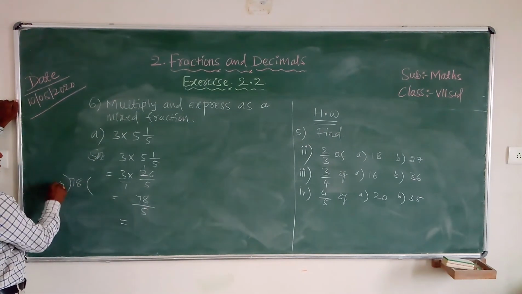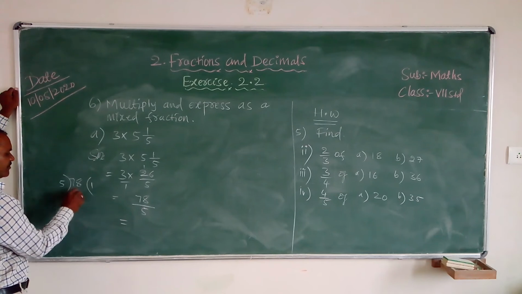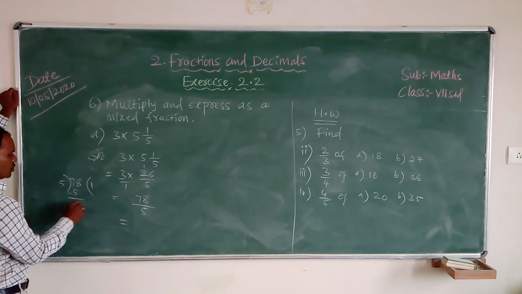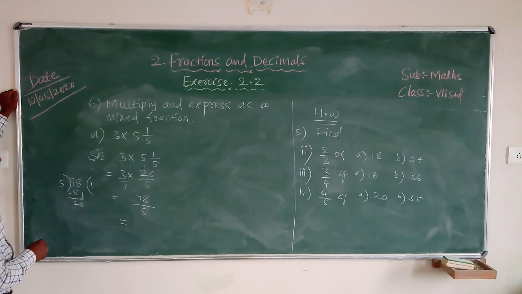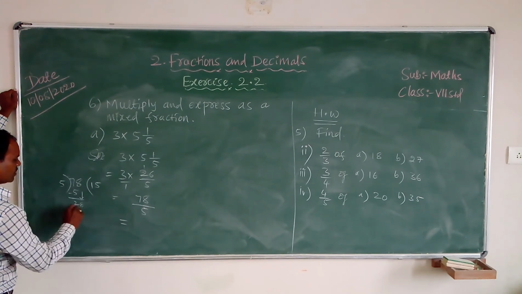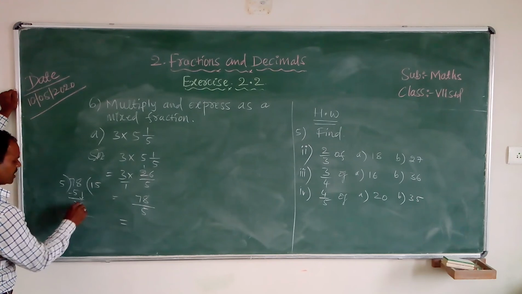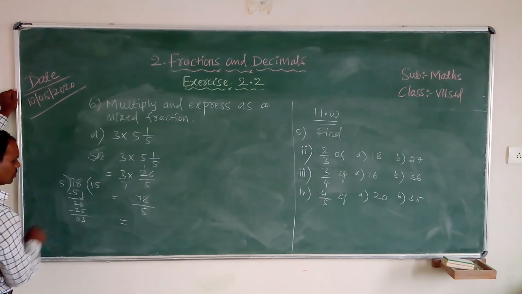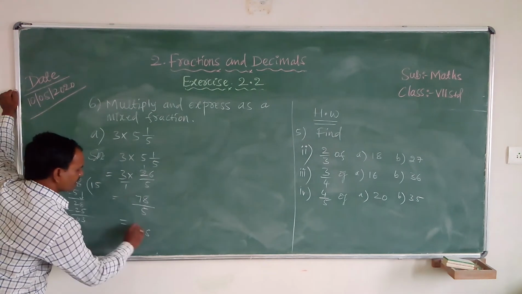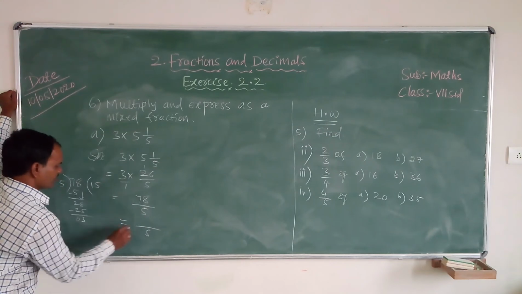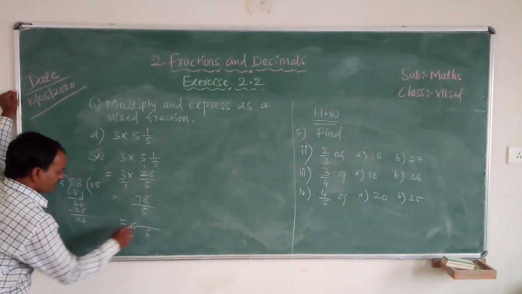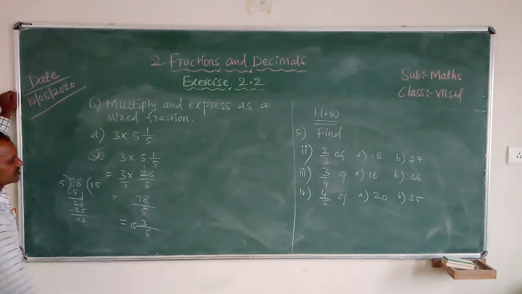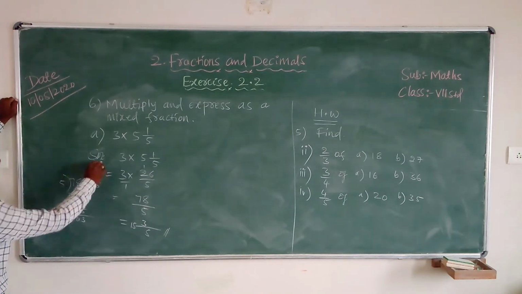So 5 ones are 5, 7 minus 5 is 2. Bring down 8. 5 5s are 25, so 28 minus 25 is 3. The quotient is 15. 15 5s are 75, 75 plus the remainder 3, so 78. This is the answer, my dear students.